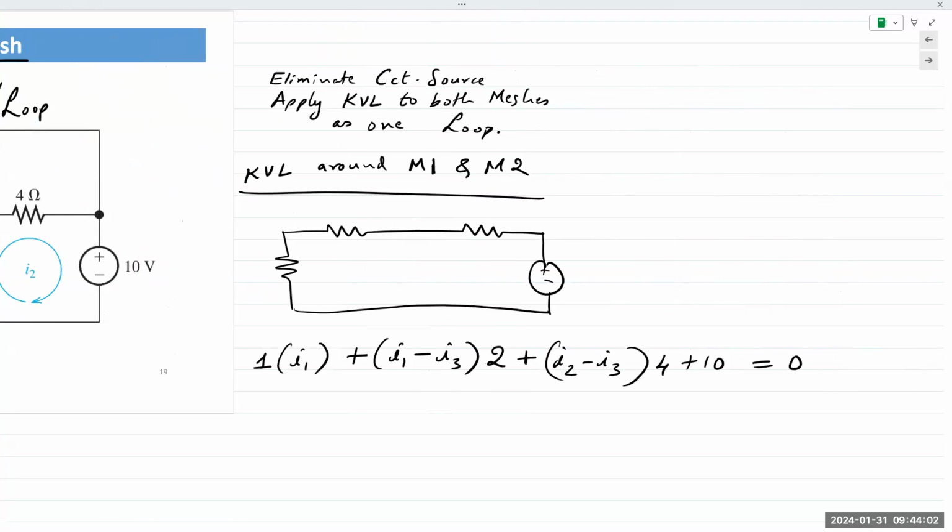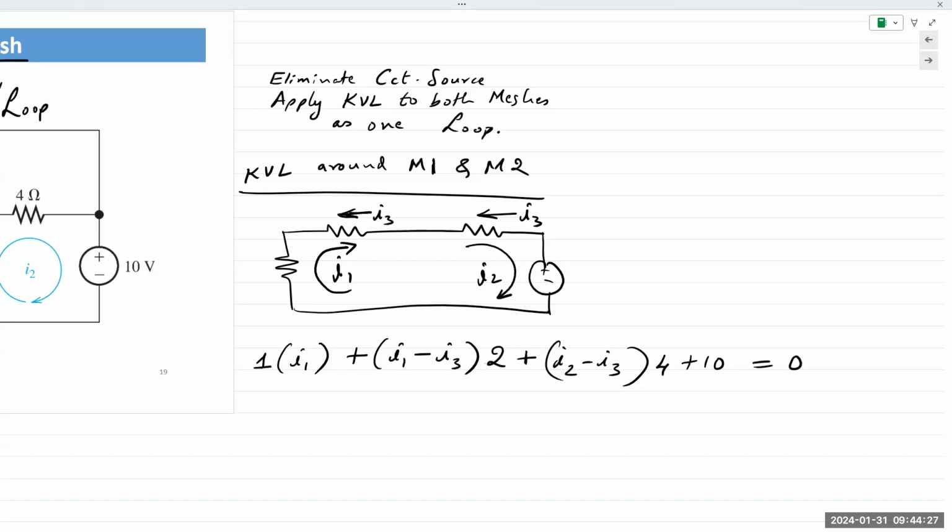Your mesh currents still stay the same. You've got I1, I2, I3.